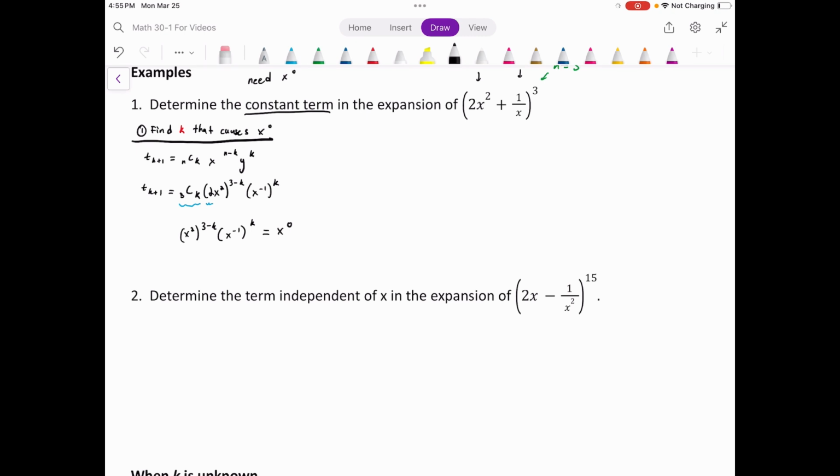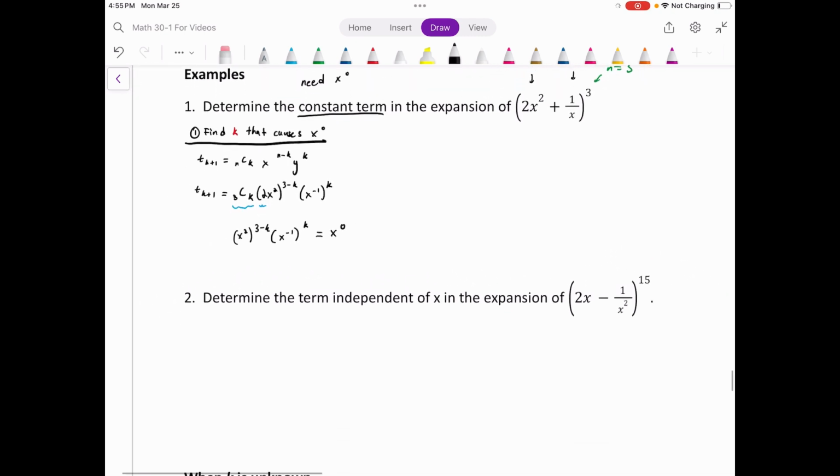So now we're just solving an exponential equation for an unknown, right? We're back in unit 3. So exponent laws tell me I can multiply this. So I'm going to have x to the power of 6 minus 2k, right, times x to the power of negative k, that's negative 1 times k.